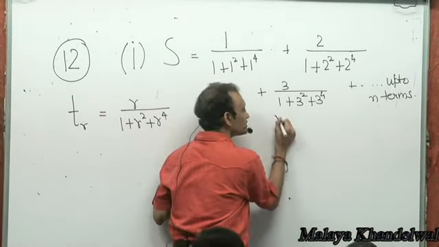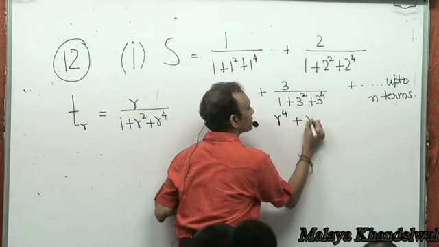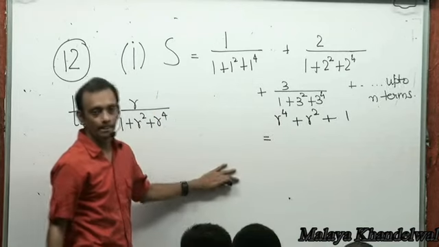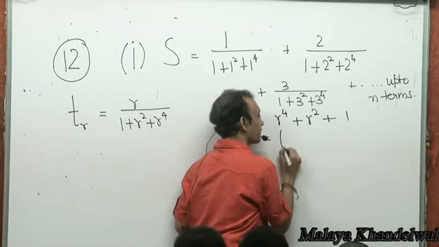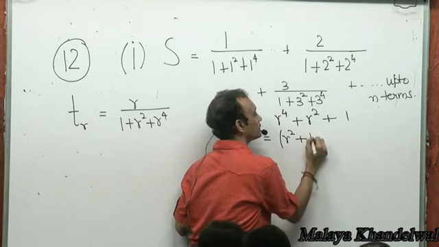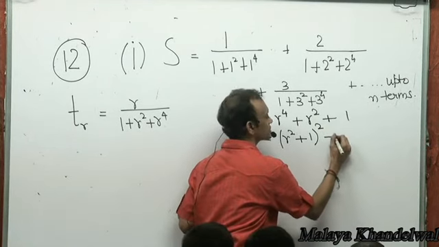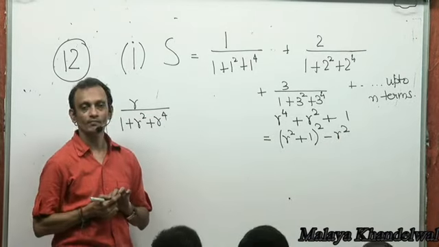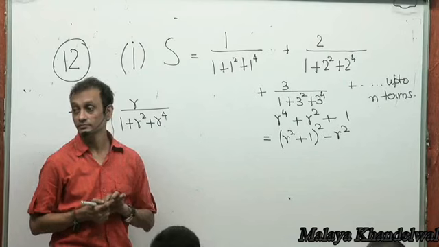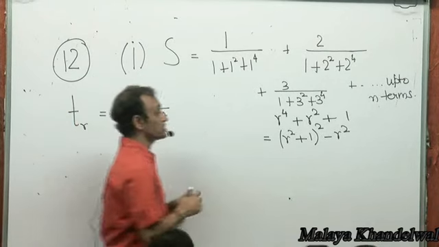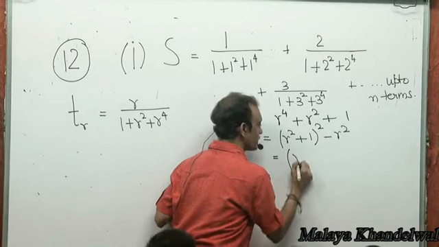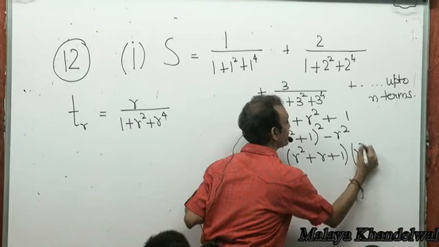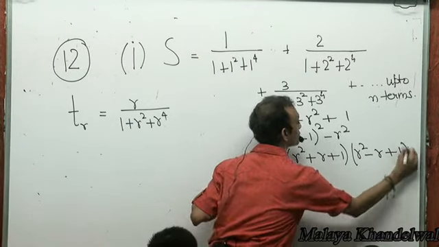And look at this denominator, r to power 4 plus r squared plus 1. This could be written as r squared plus 1 whole squared minus r squared. Yes or no? Isn't it? Which is like r squared plus r plus 1 into r squared minus r plus 1.